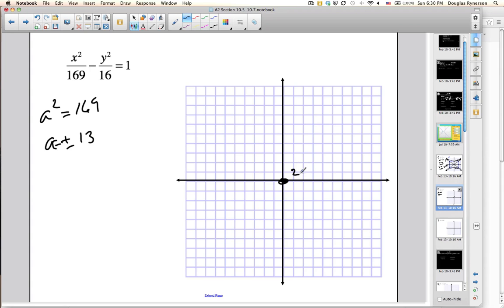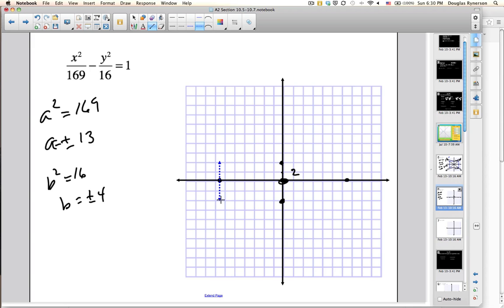I'm going to go by 2's this time because the 13's too big for me. 2, 4, 6, 8, 10, 12, 13 there. 2, 4, 6, 8, 10, 12, 13 there. B squared is equal to 16, so b will be equal to plus or minus 4. 2, 4, 2, 4. Okay, and again I'm going to draw a box so that I can help define the asymptotes.